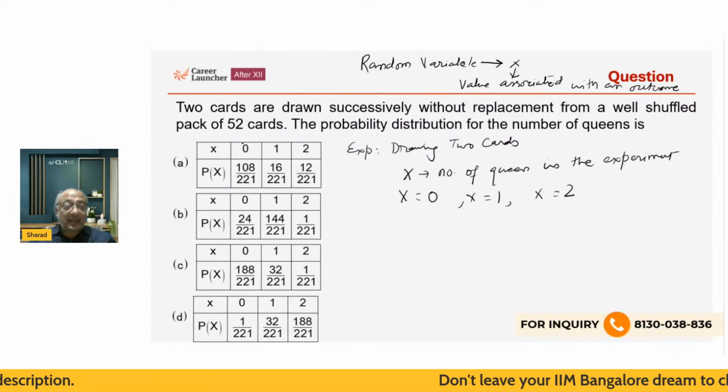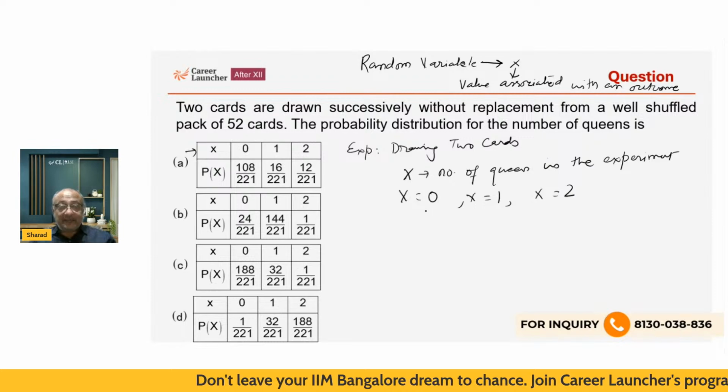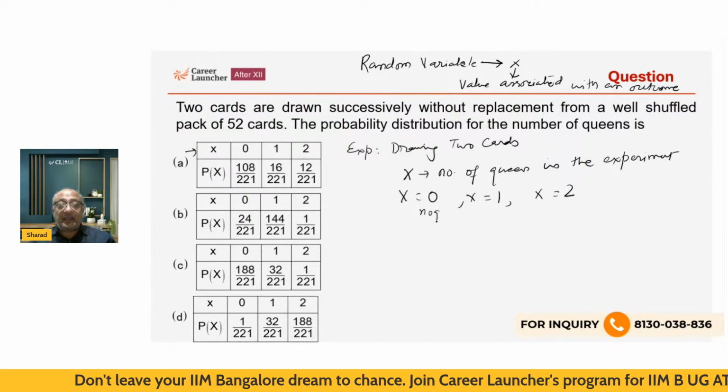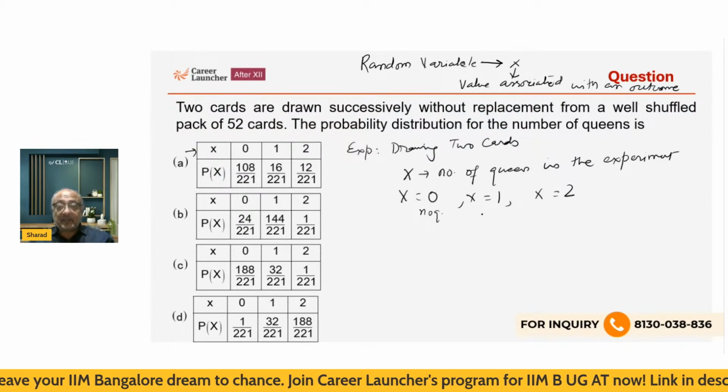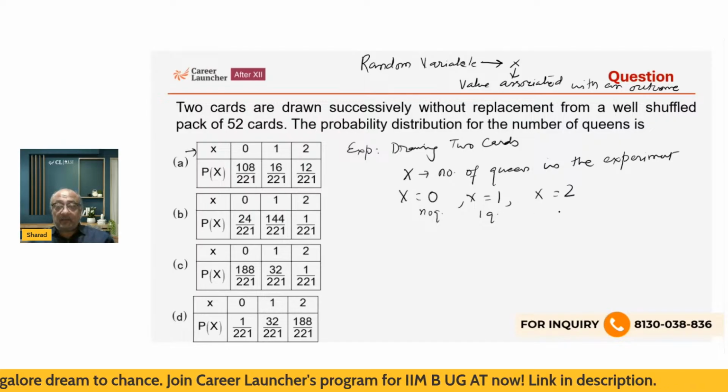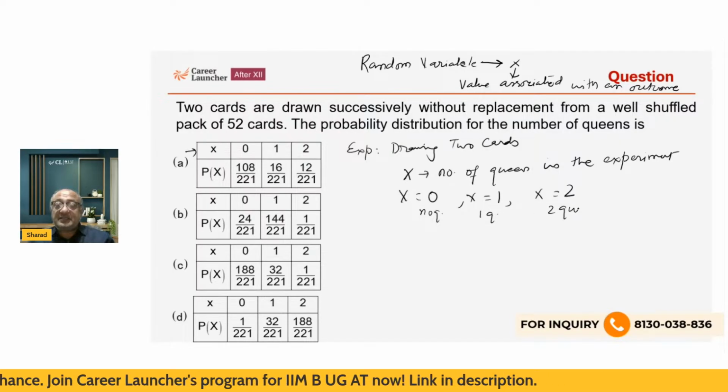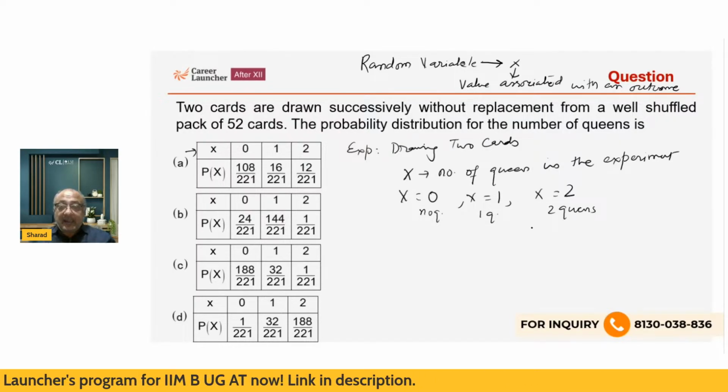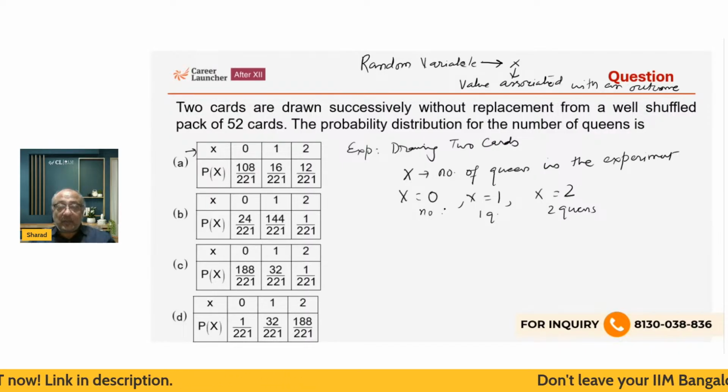So that is why it is given here, x. Now I have to find 0 means no queen in 2 draws. This means 1 queen. This means 2 queens in 2 draws. Let us solve this question first, which says no queen in 2 draws.